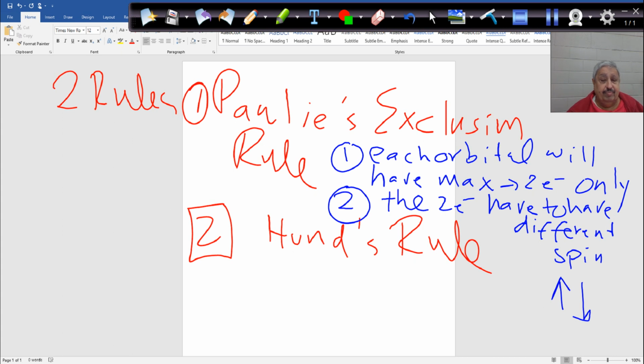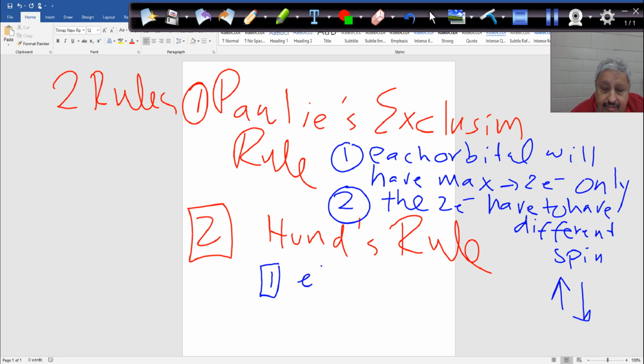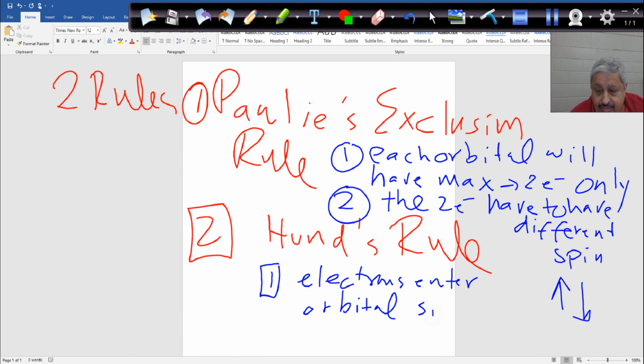Hund's rule will tell you, when you enter those electrons, you have to enter them singly and parallel to each other. Number one, electrons enter orbitals singly.